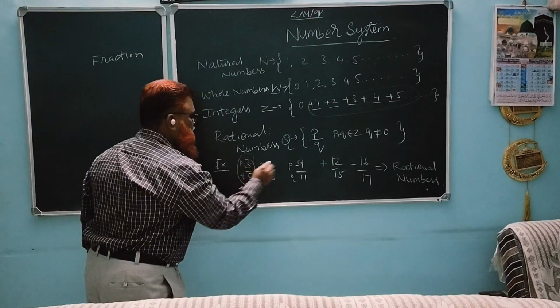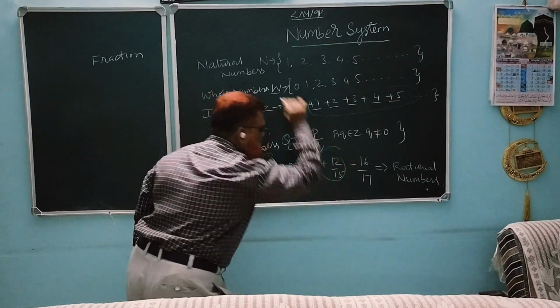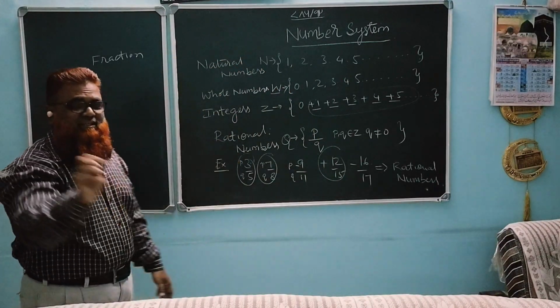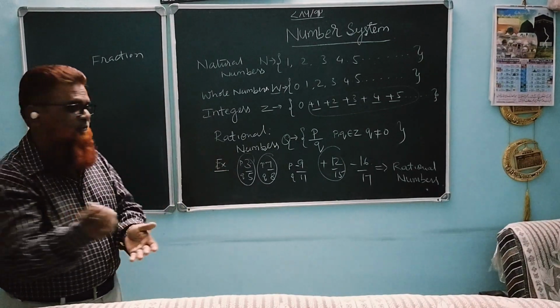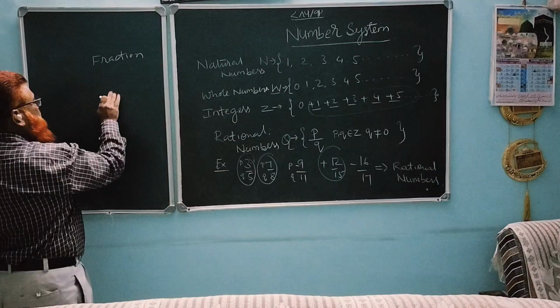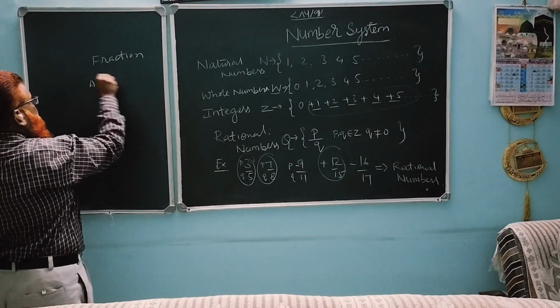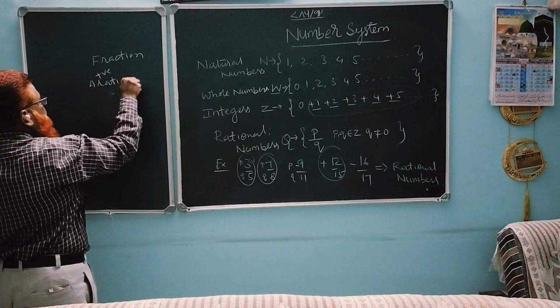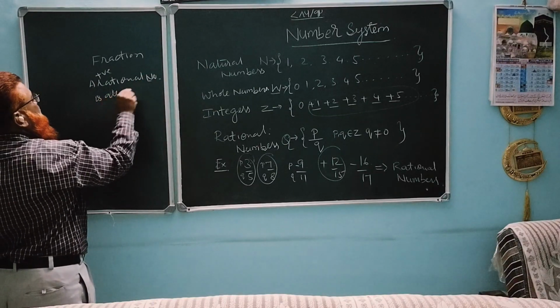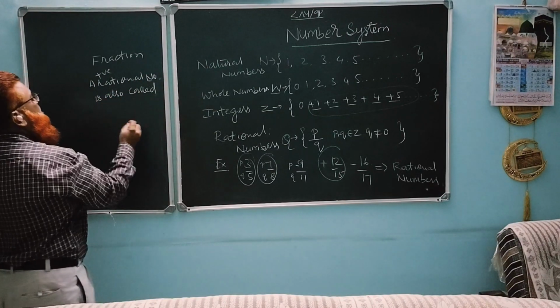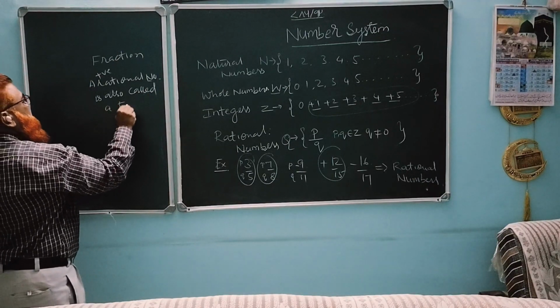In these three examples, where both p and q are positive, this type of rational number is also called a fraction. A positive rational number is also called a fraction.